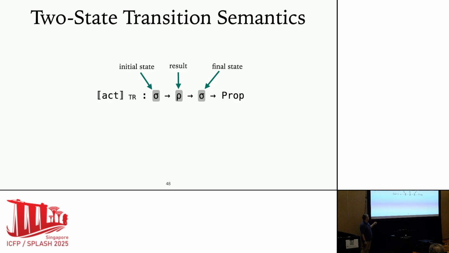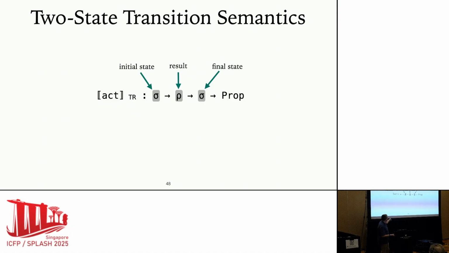And you may forget about the result and just think about the initial and the final state. So we have these two semantics, and they are different, and it turns out that both of them are expressible. The problem is that one of them is really well behaved with regard to SMT, and the other one is really badly behaved with regard to SMT.